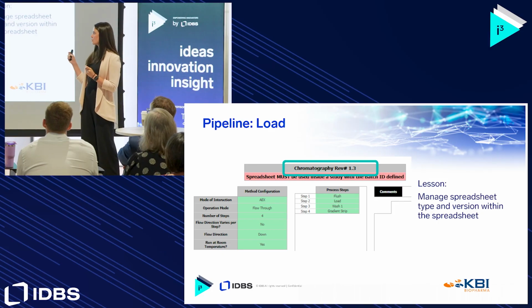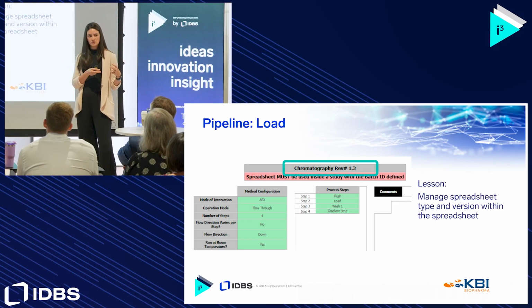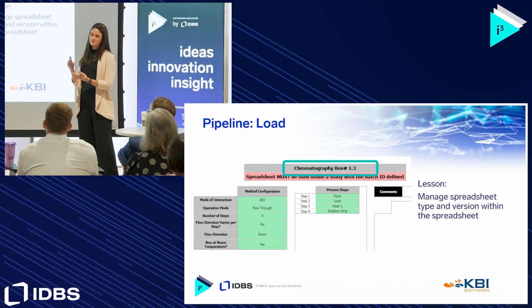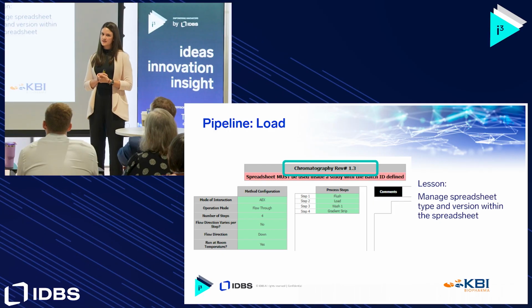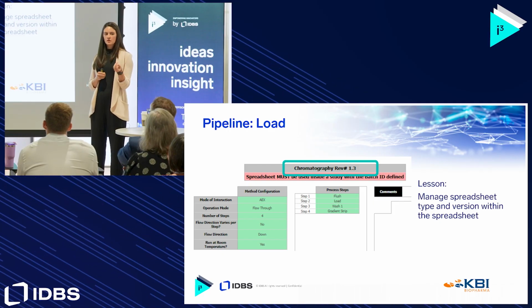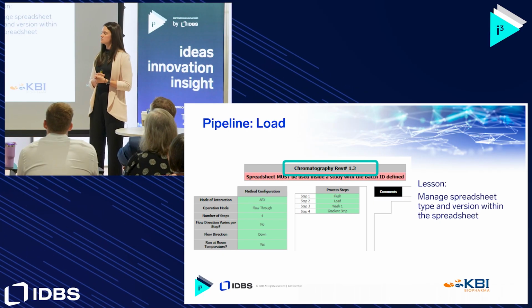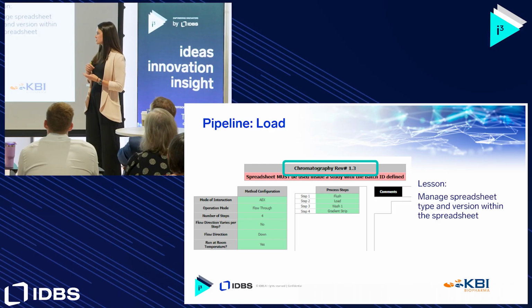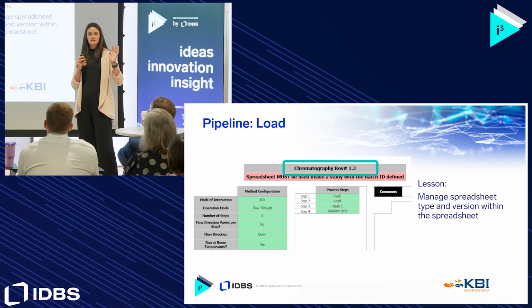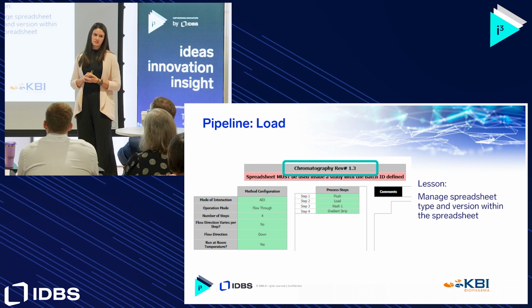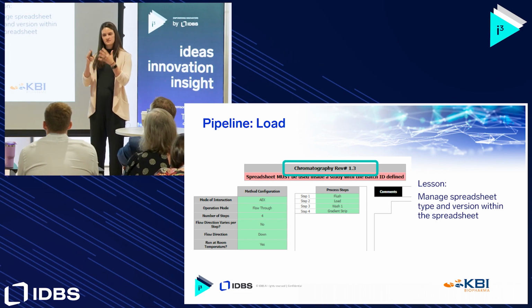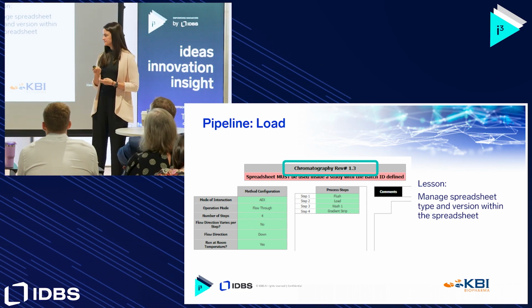And so this is really important. If we know what the spreadsheet type is, then we know specifically how to forward process that data. We also have version control, and so we have major and minor versions, and this enables us to process and handle every version of our spreadsheets and integrate it into the same pipeline.